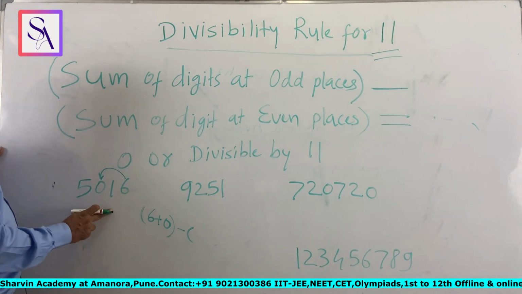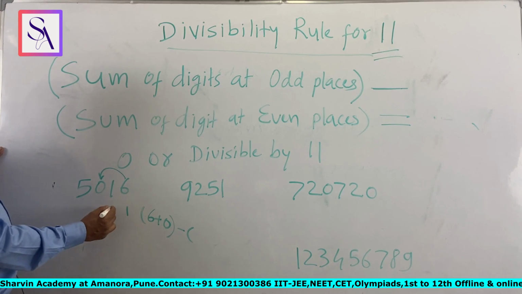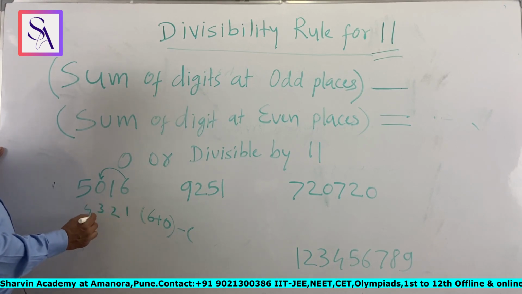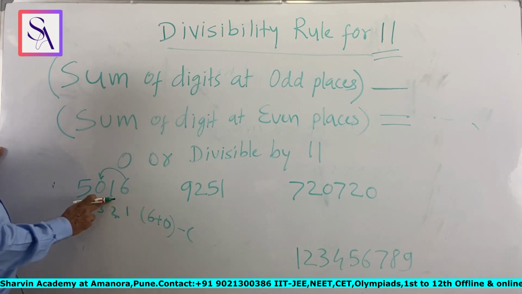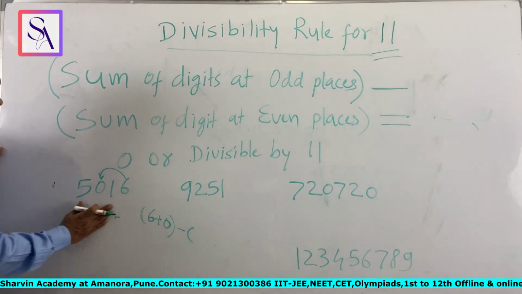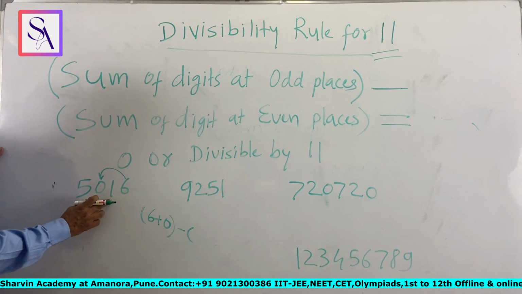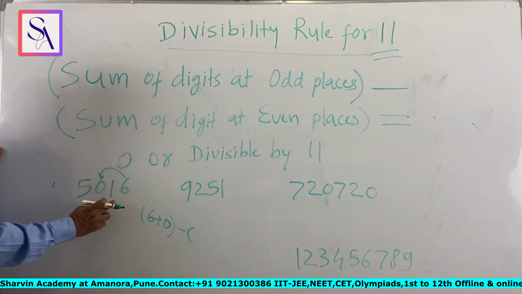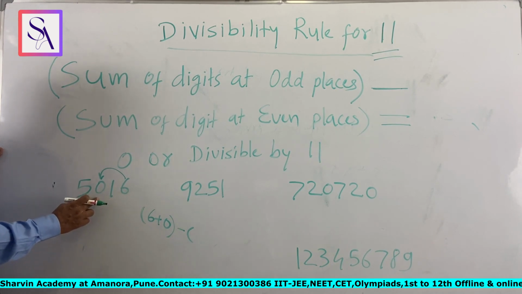This is first place, this is second place, third place and fourth place. Second place means 2, 2 means even. So this is an even place. This is called tens place in arithmetic, right? We know that. This is ones place, this is tens place, this is hundreds place, this is thousands place.